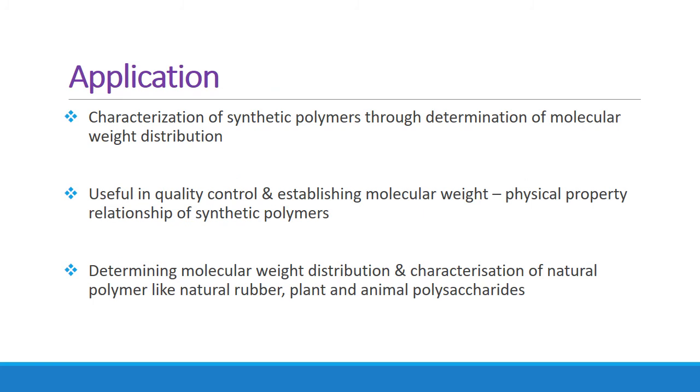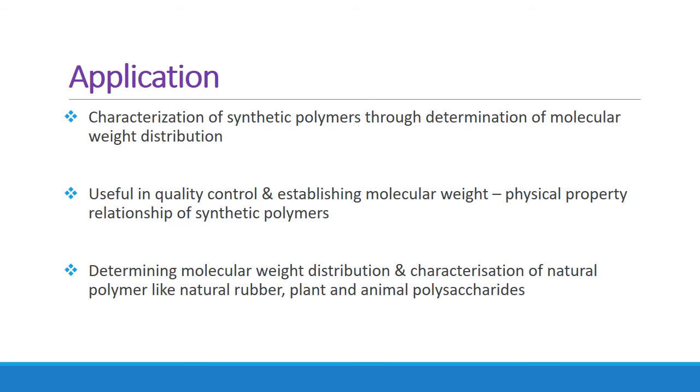Gel permeation chromatography is a method for the separation, purification, and analysis of mixtures of substances, particularly suited for the analysis and characterization of different types of polymers. As the properties of a polymer, like its tensile strength, brittleness, hardness, etc., are influenced by molecular weight distribution, GPC is used for characterizing the synthetic polymer through determination of its molecular weight distribution.